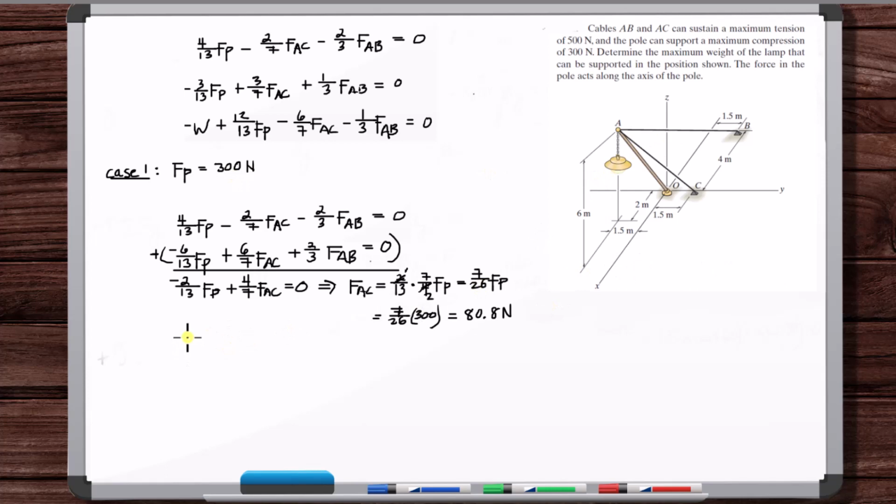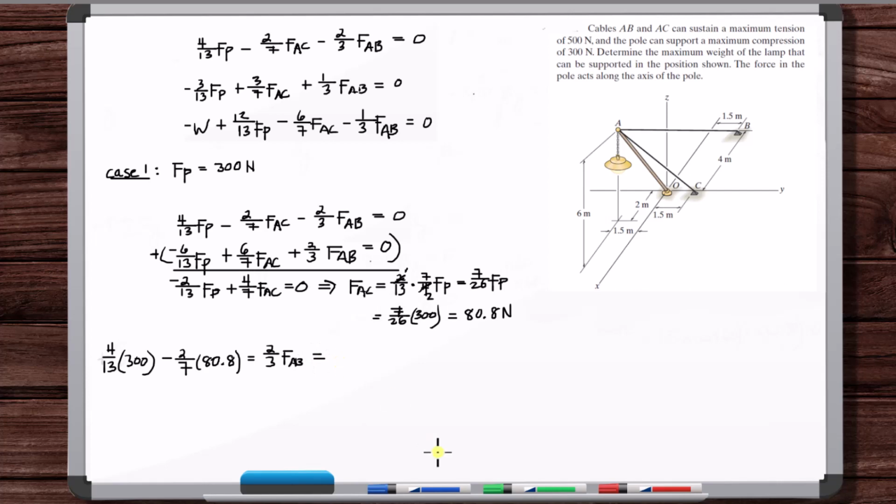Okay, so let's take this first equation. So 4/13 FP is 300, 2/7, and this is equal to 2/3 FAB.